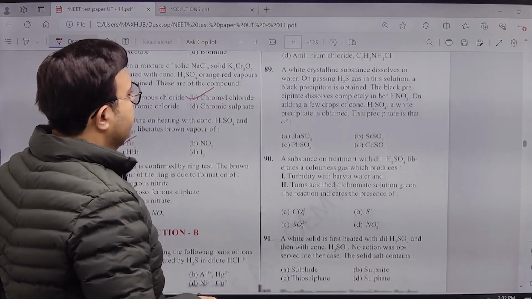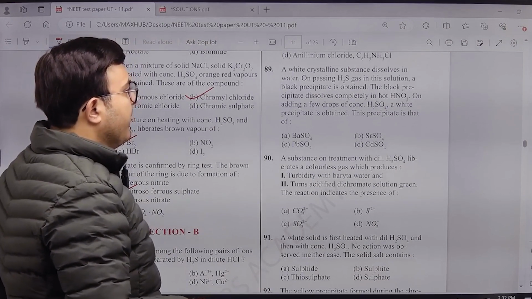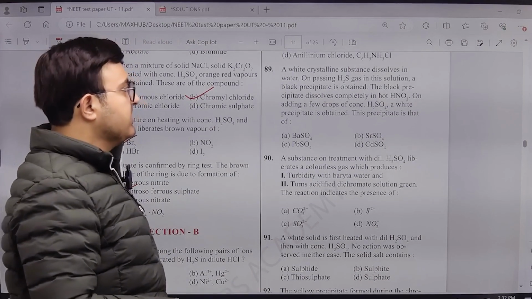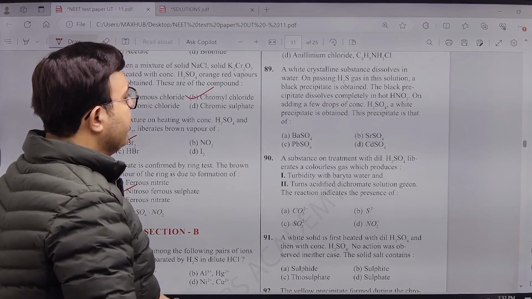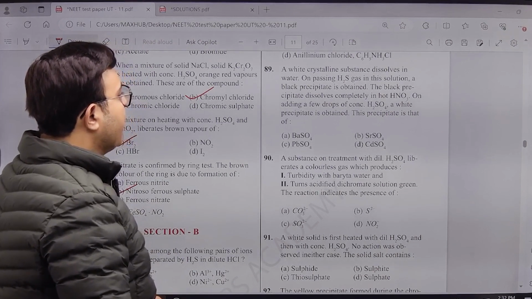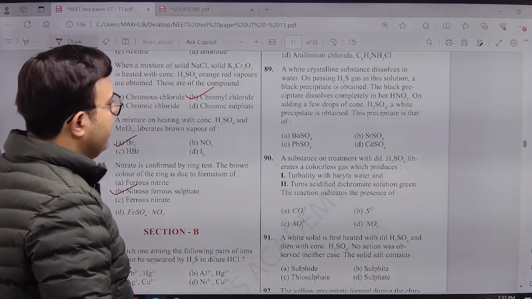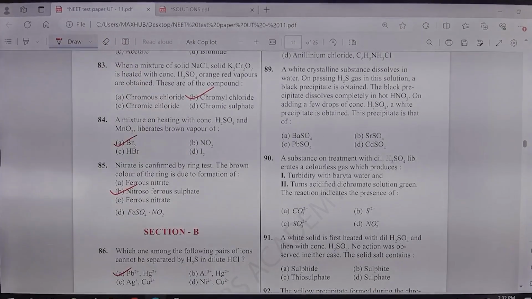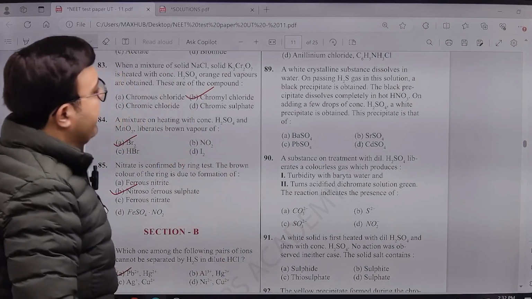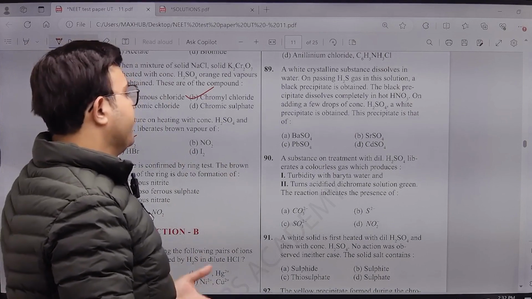Next question is, a white crystalline substance dissolves in water. On passing H2S gas in this solution, a black precipitate is obtained. The black precipitate dissolves completely in hot HNO3. On adding a few drops of concentrated H2SO4, a white precipitate is formed.